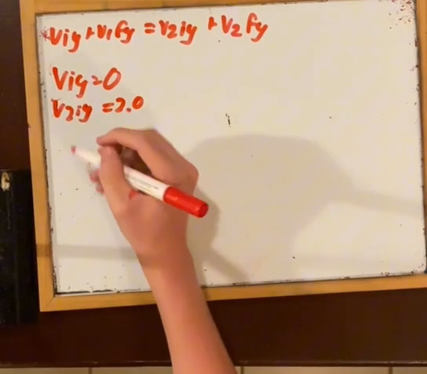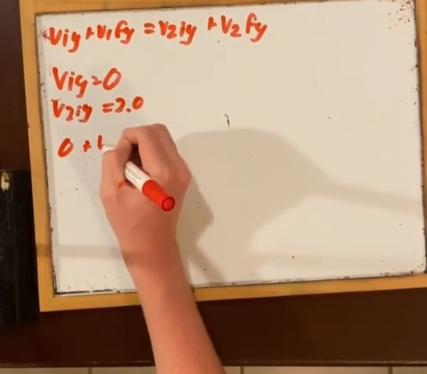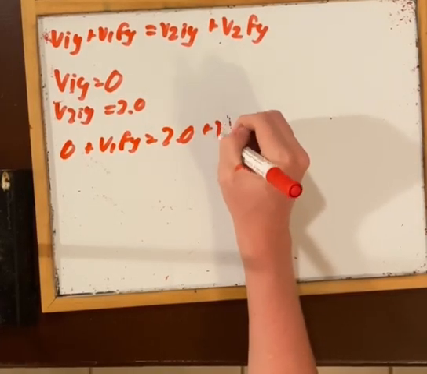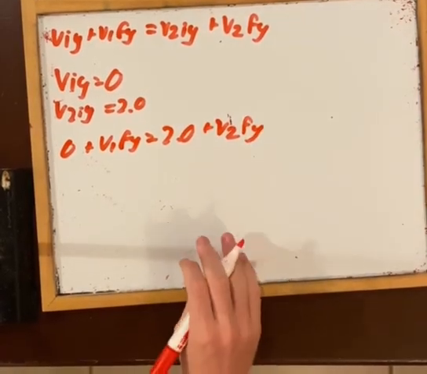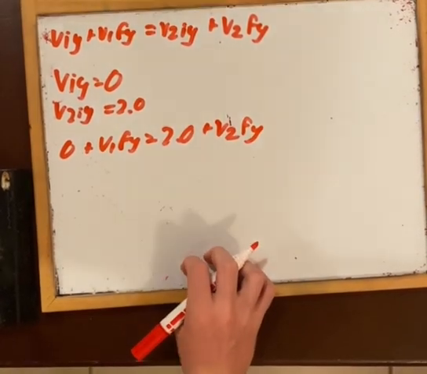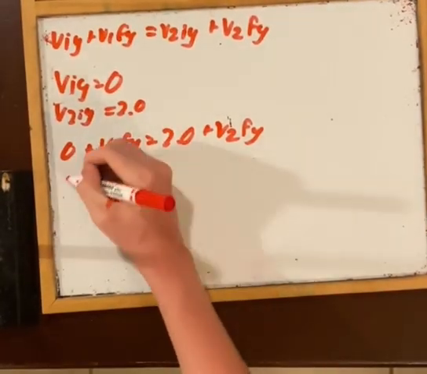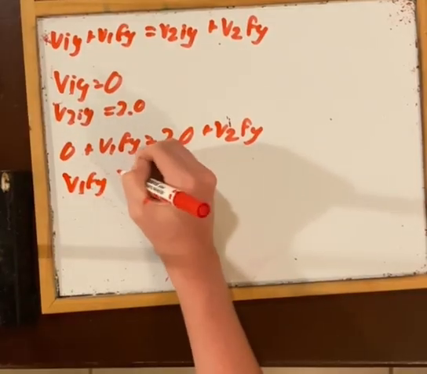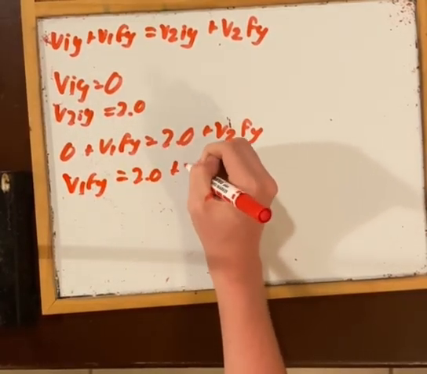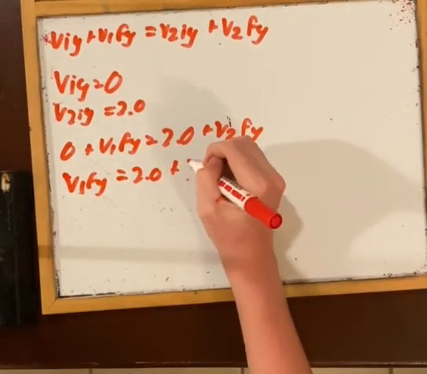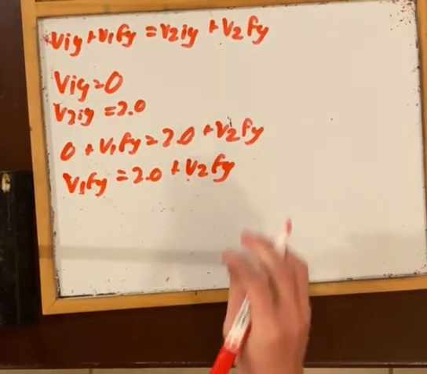Now we substitute: 0 plus v1f of y equals negative 2.0 plus v2f of y. So now it's v1f of y equals negative 2.0 plus v2f of y.